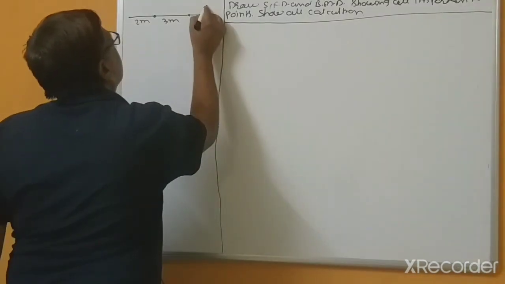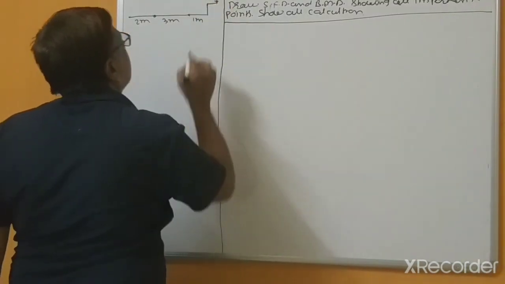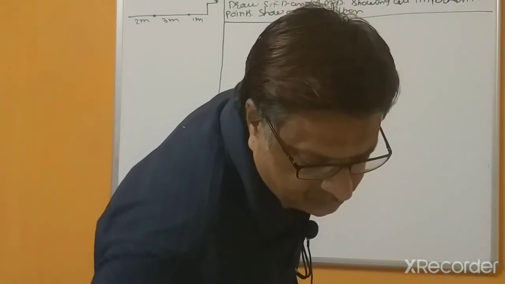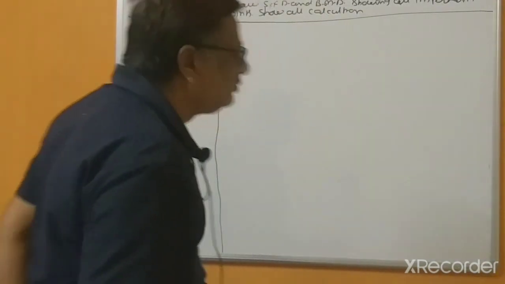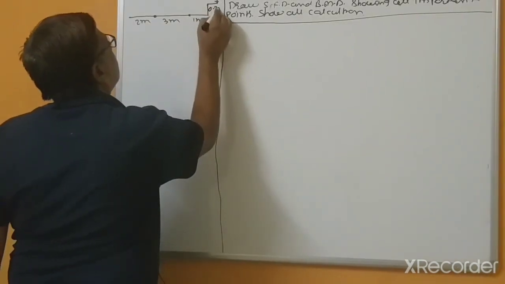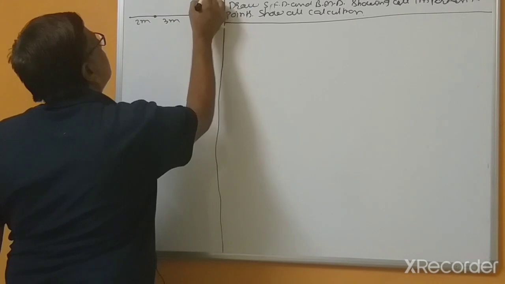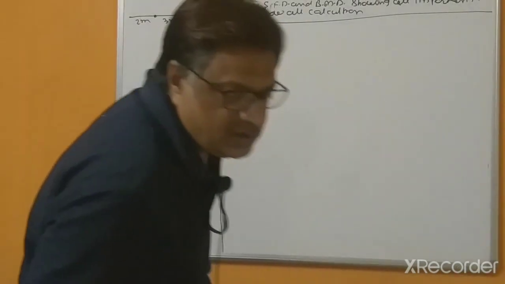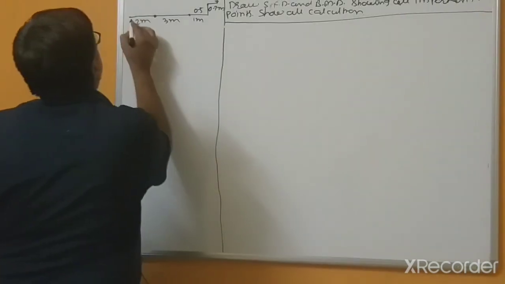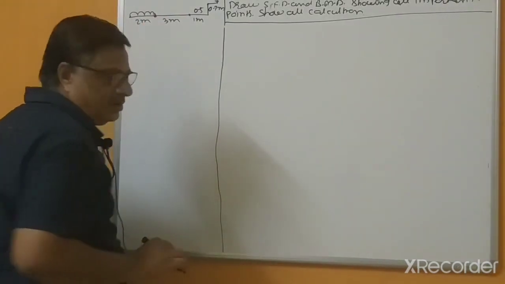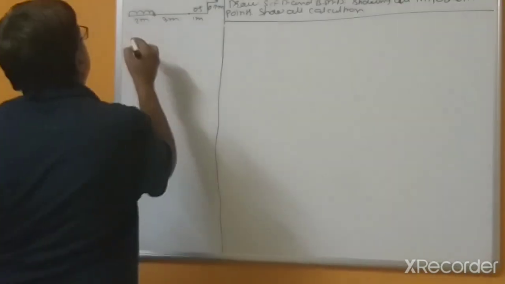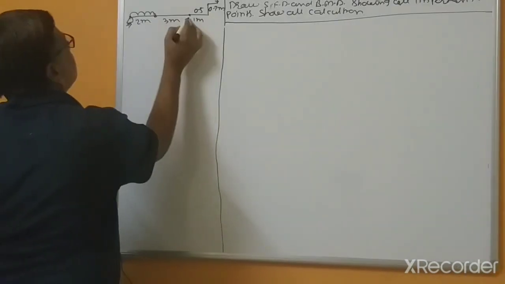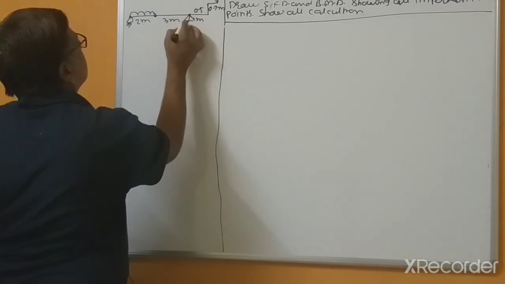There is a 25 kilonewton force at 0.7 meter, and this is a 10 kilonewton meter moment. Fixed point or roller support.